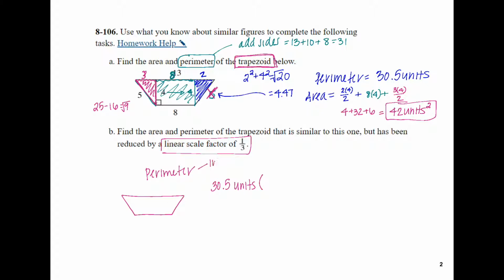Perimeter is linear, one-dimensional, so we can multiply that by 1/3, which gives us a perimeter of approximately 10.2 units.